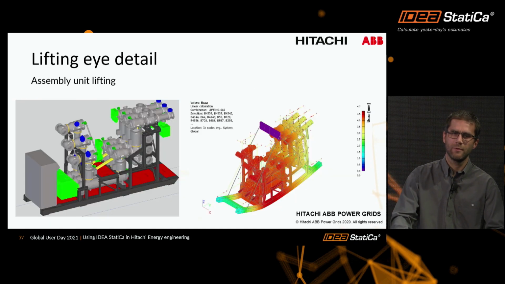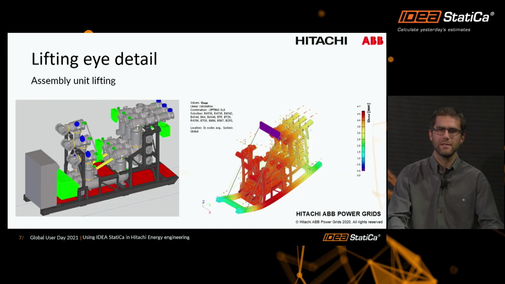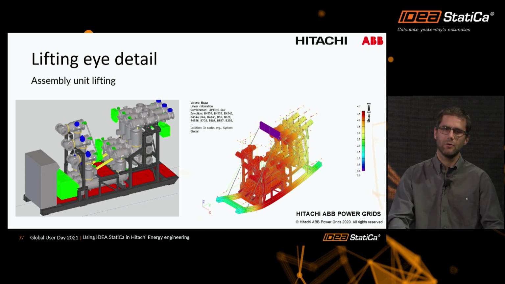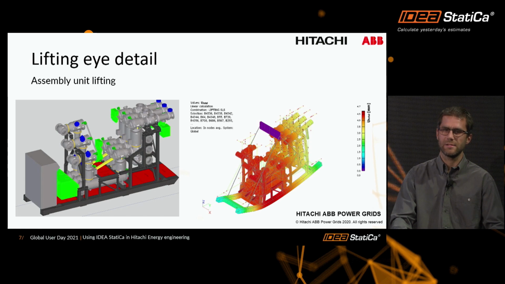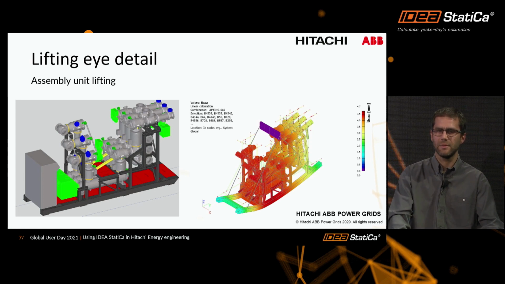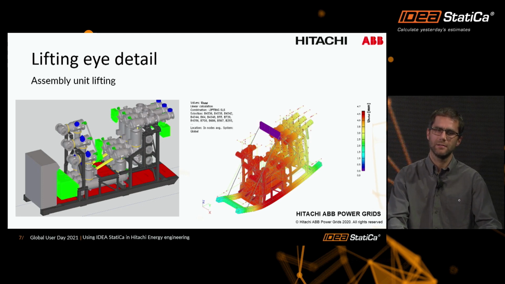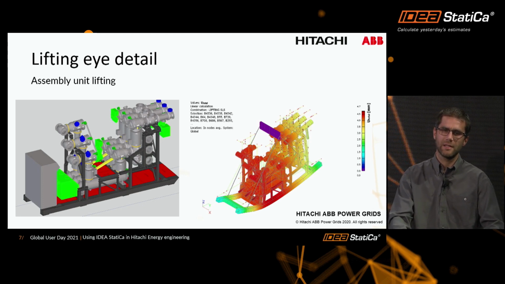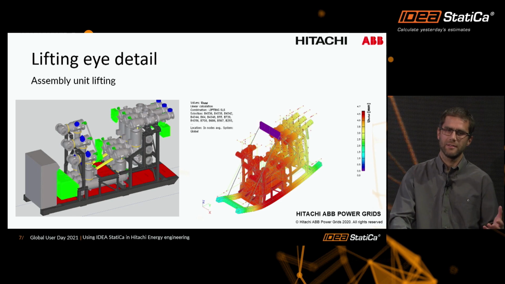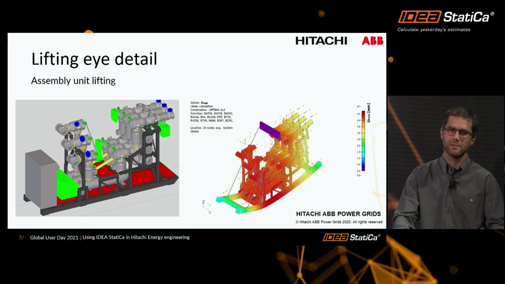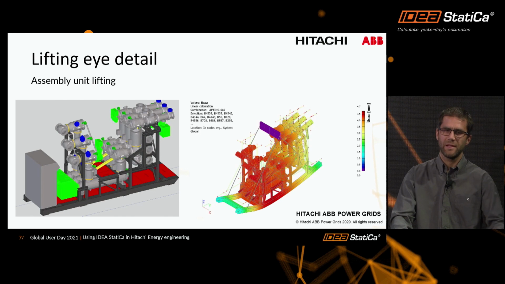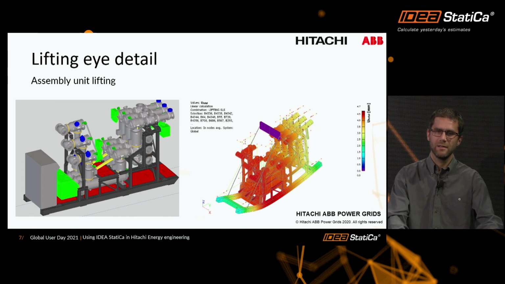So now a few words, or a few slides, on the detail of the lifting eye. That was the request that there will be an assembly unit which will be assembled in the factory. That means there will be a skid. On this steel skid will be placed the electrical equipment, the part of the GIS, of the gas insulated switchgear, also with some monitoring boxes.